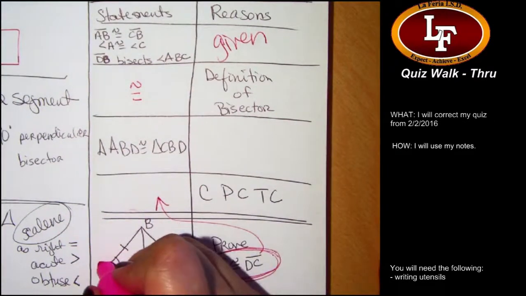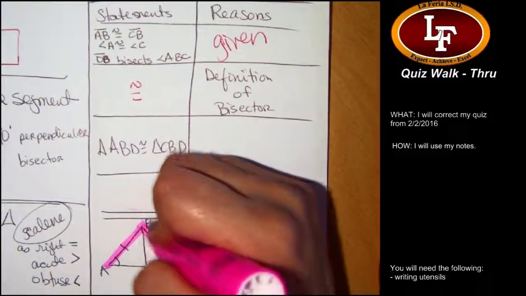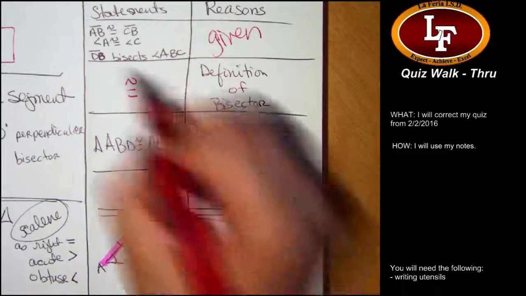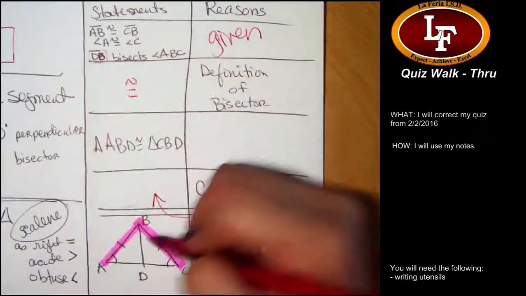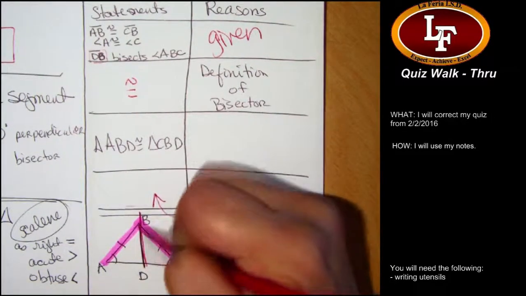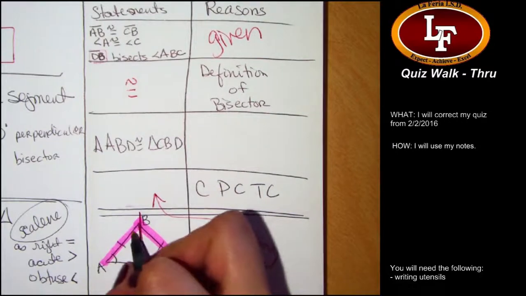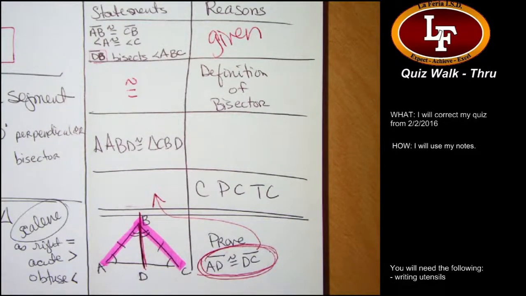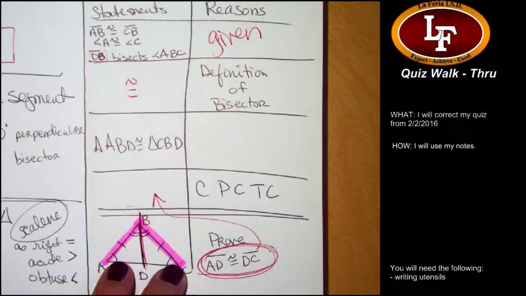So in our picture, angle from A toward B toward C. That angle right there is being cut by segment DB, this segment right here, to create 2 congruent pieces. Those 2 angles right there. Which means our statement, because the definition says so, is that these 2 angles in here are congruent to each other.